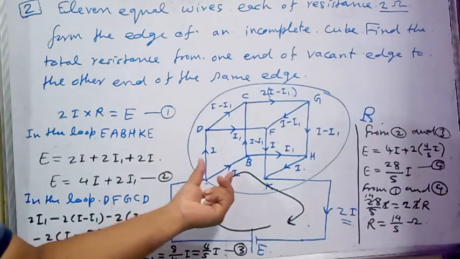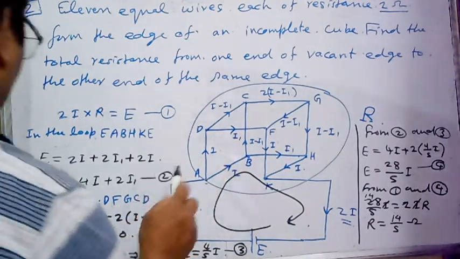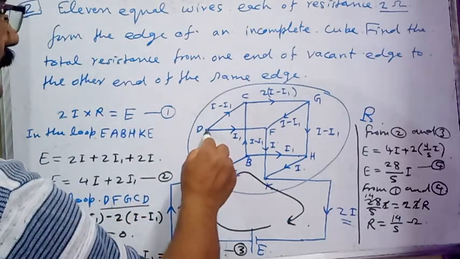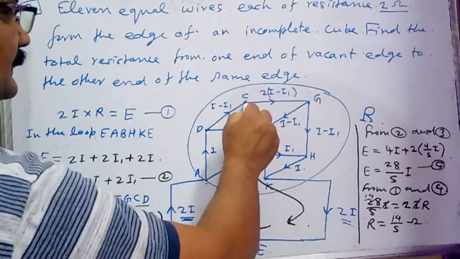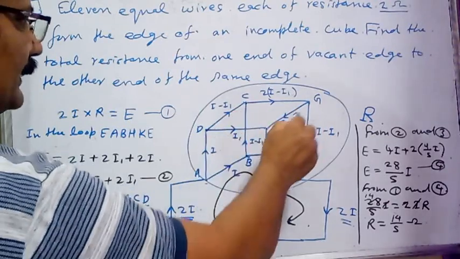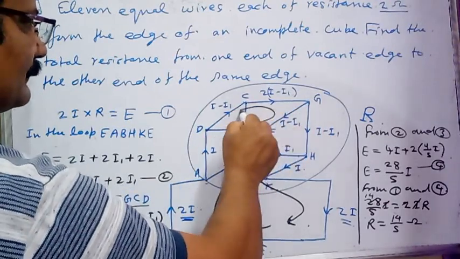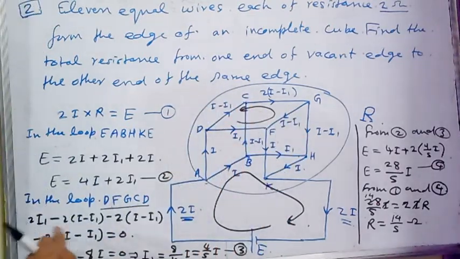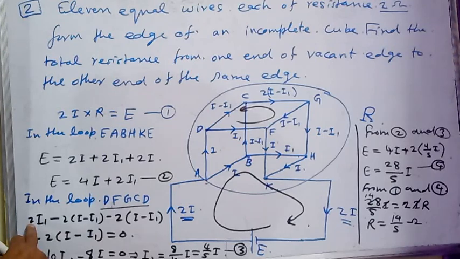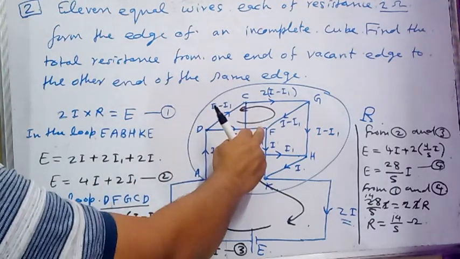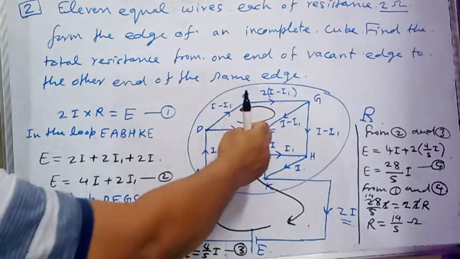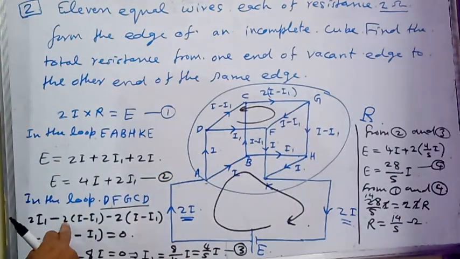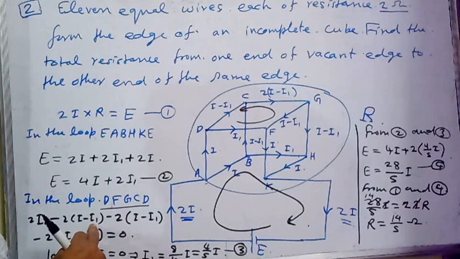A second symmetrical path is there. If we take the closed loop DFGCD, we are moving in this direction. So the product of I1 flowing through the 2 ohm resistance. As we are moving in the direction of the current, 2I1, and we are moving opposite to the current I minus I1, so minus 2 ohm resistance multiplied by I minus I1.